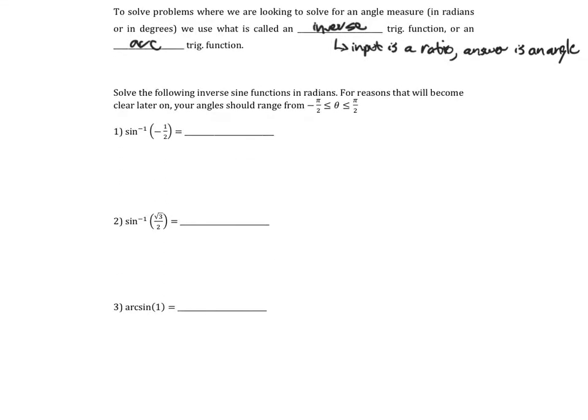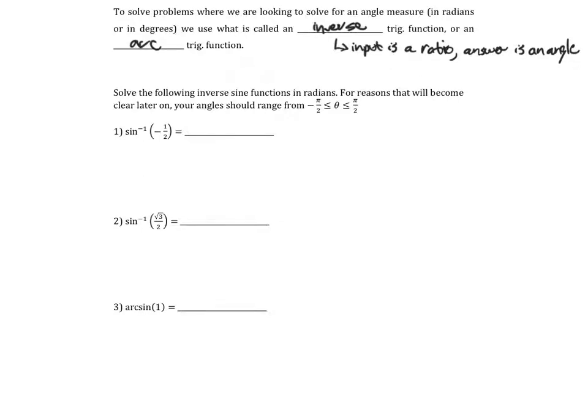It says solve the following inverse sine functions in radians. For reasons that will become clear later on, your answers, your angles, should range from negative pi over 2 to pi over 2. I encourage you to pause the video and see if you can give me the angle measurements between negative pi over 2 and pi over 2 where these things would be true. For inverse sine of negative 1/2, it's saying where is sine equal to negative 1/2.